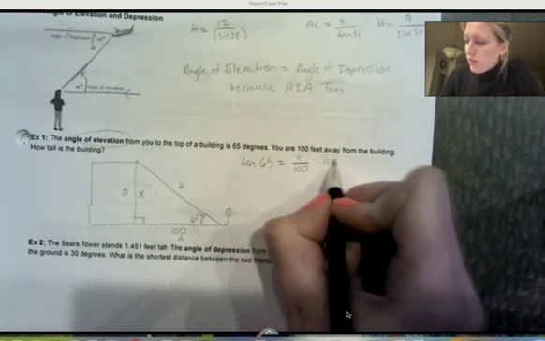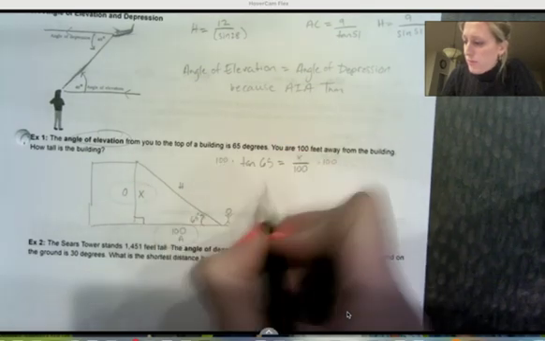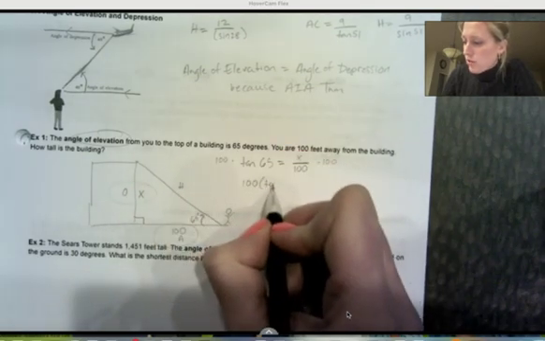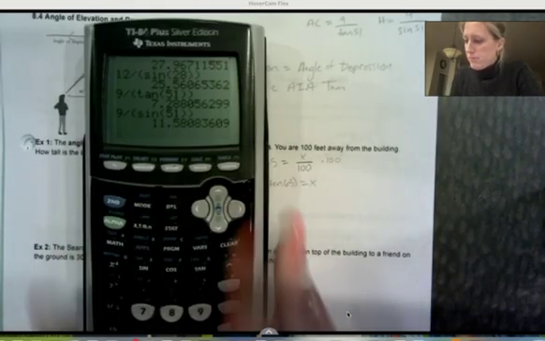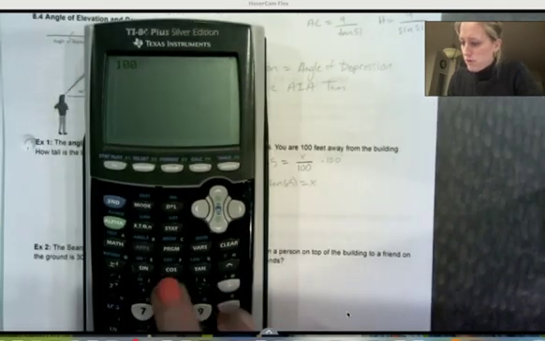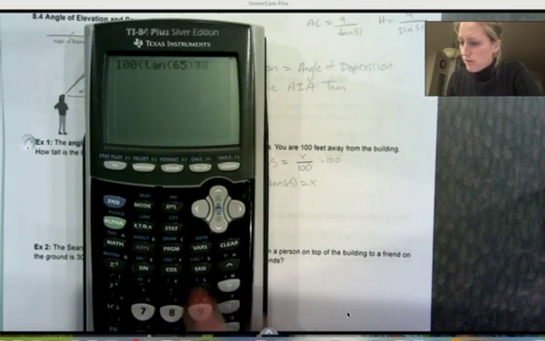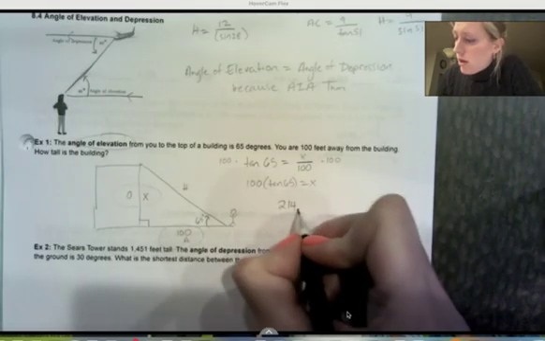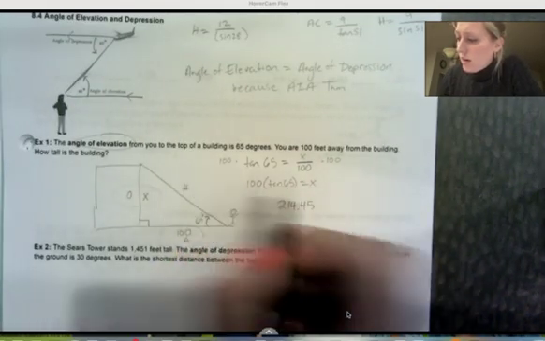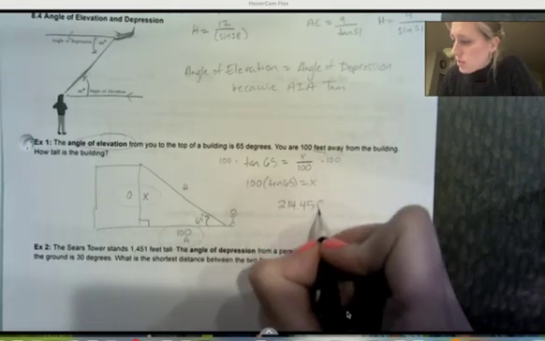To get x by itself, we're going to multiply both sides by 100. So 100 times tangent of 65 equals x. So 100 tan 65 is 214.45. And this is in feet, so I'm going to attach that unit.